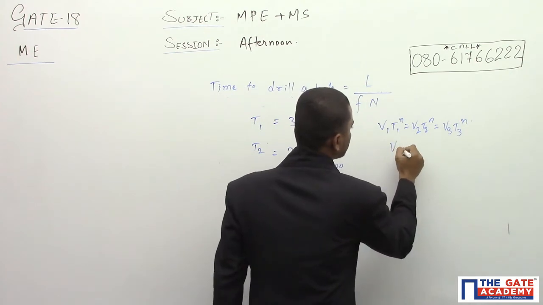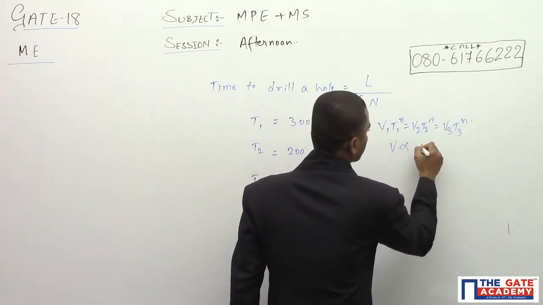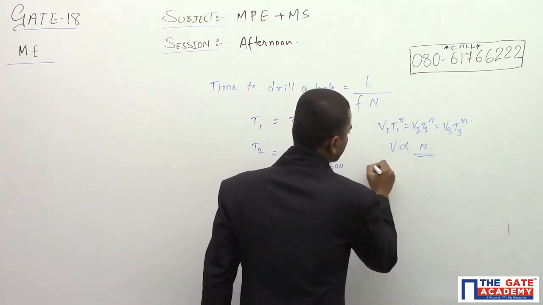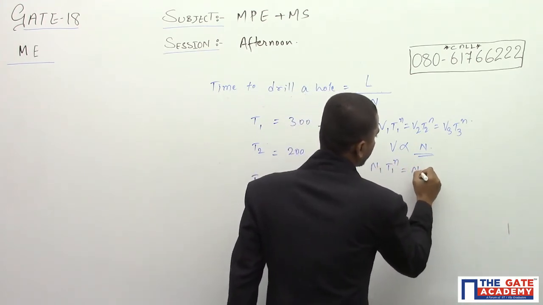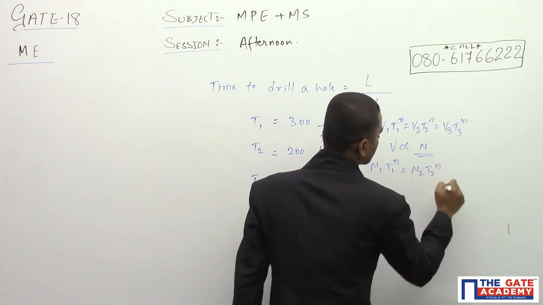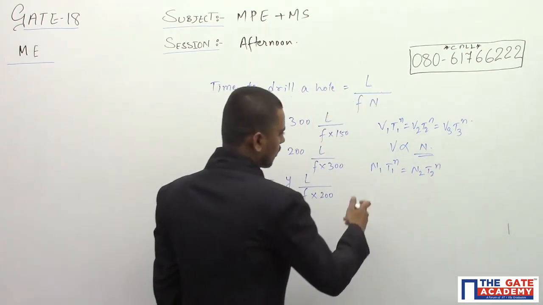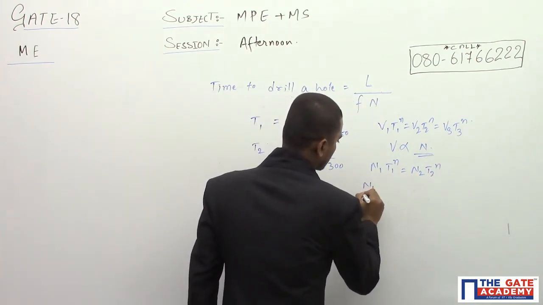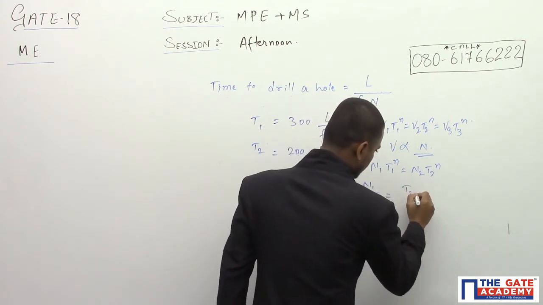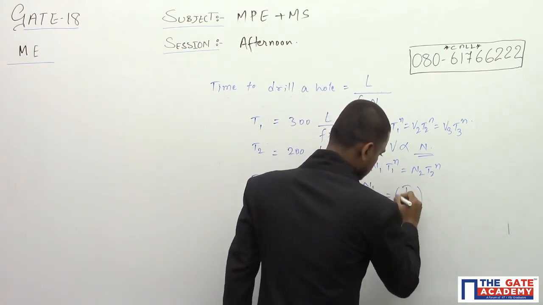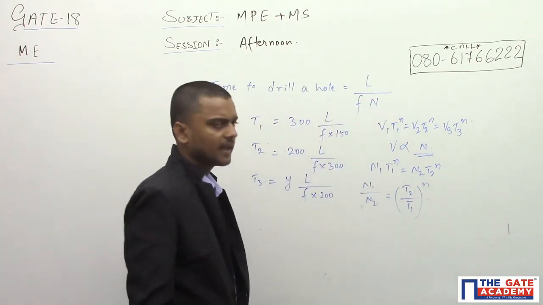And we know V is directly proportional to N. So I can write N1 T1 to the power n equal to N2 T2 to the power n. Now N1 upon N2 is equal to T2 upon T1 to the power n.